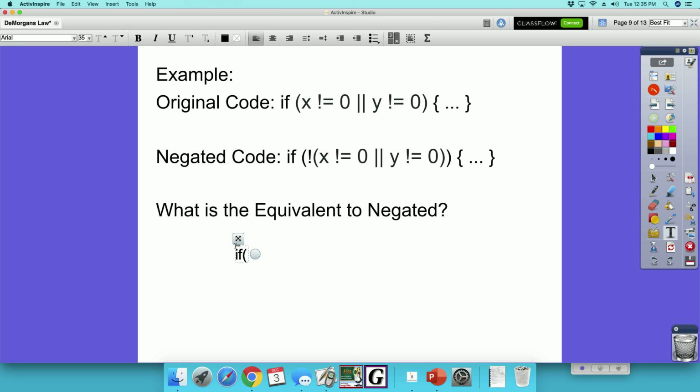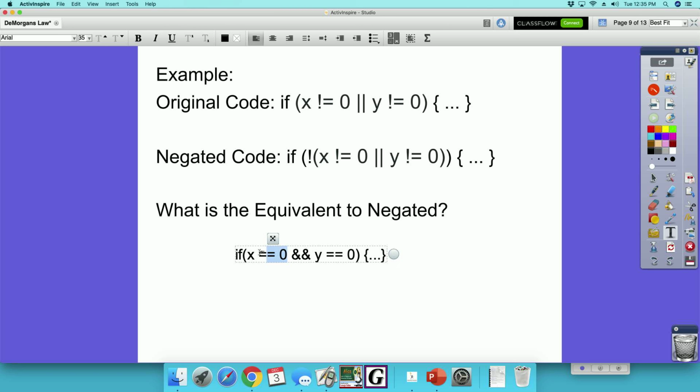A not, if you were to negate a negation, it would just cancel. Now a not or is an and. And this would be a y equal 0. And of course, after that, the executable code.